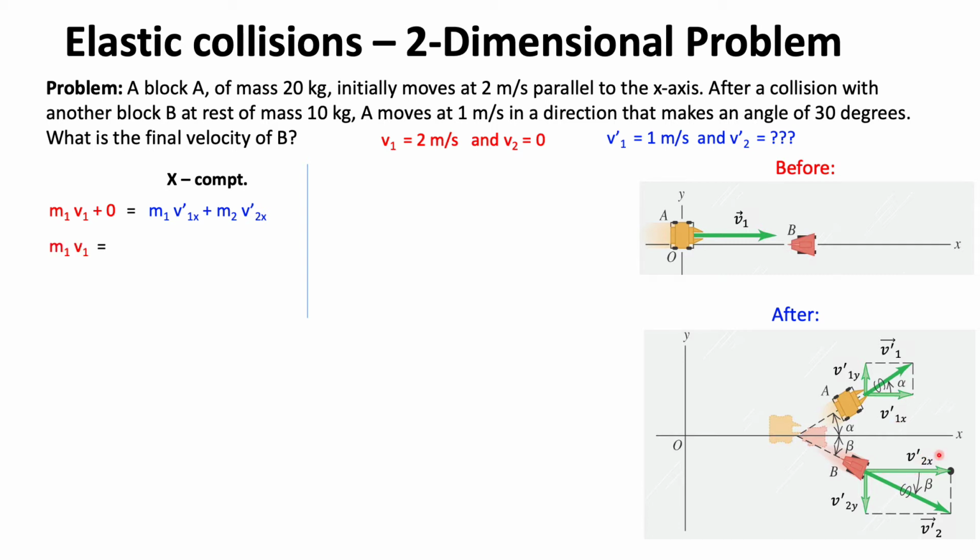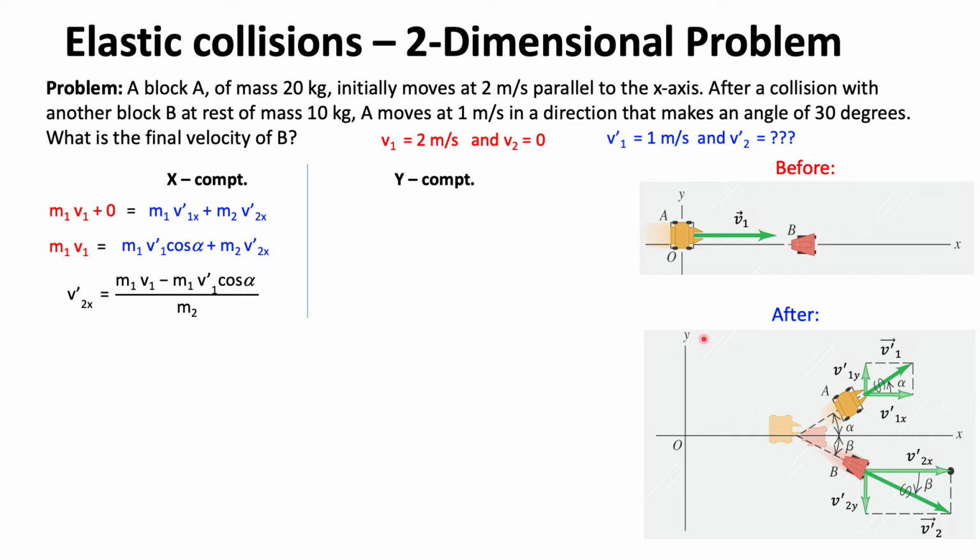Now v1x prime is nothing but the cosine component because it's along alpha. So it's given by m1 v1 prime cos alpha plus m2 v2x prime, which we need to find. Solving this, we get the expression for v2x prime, which is given by this equation.